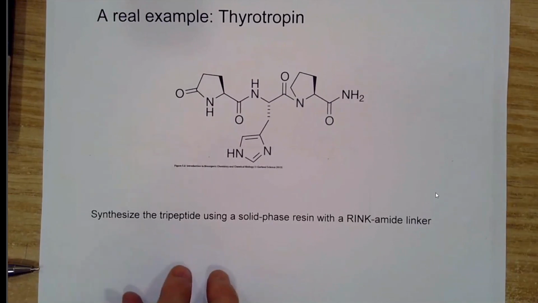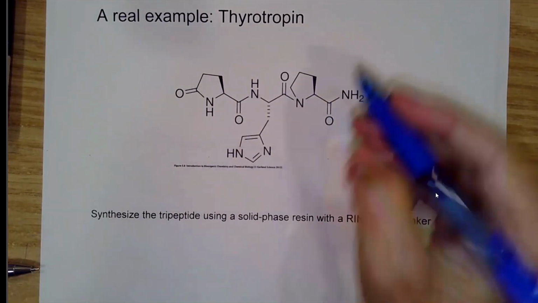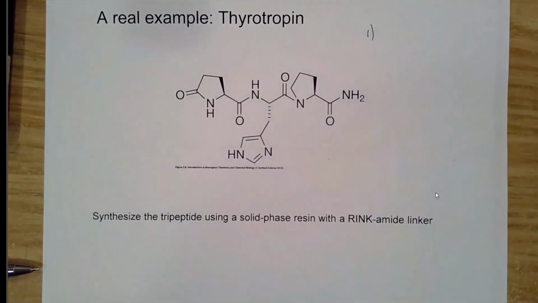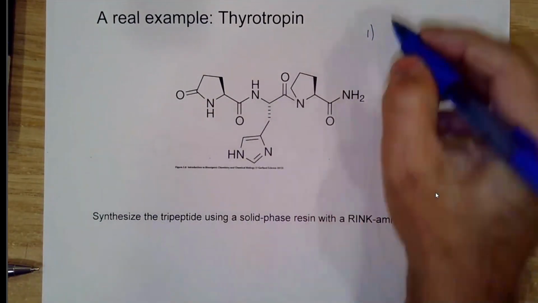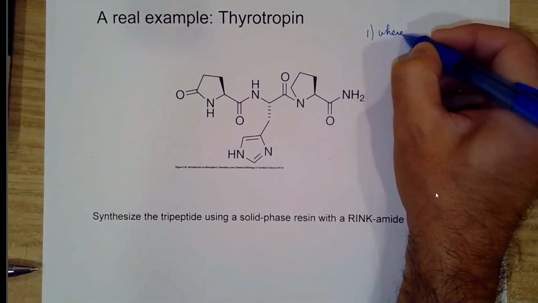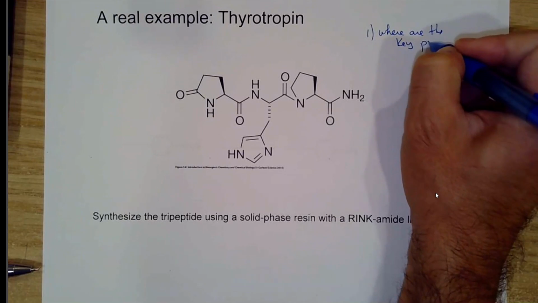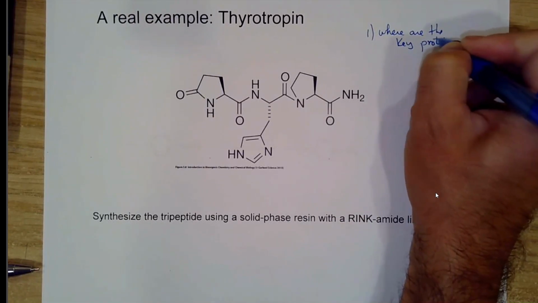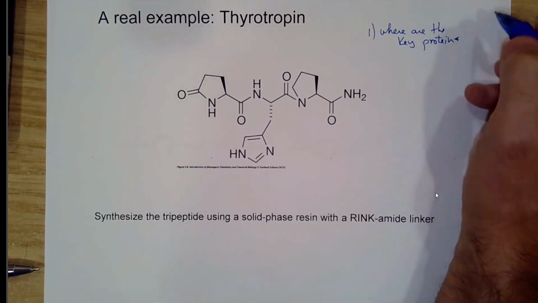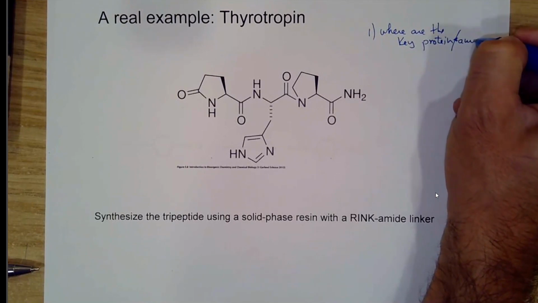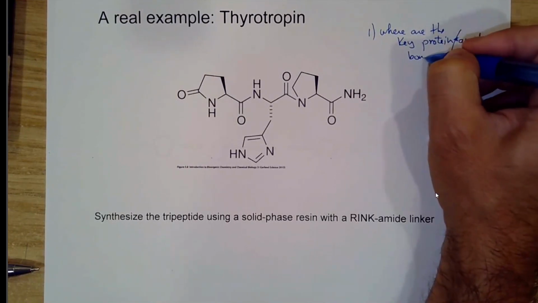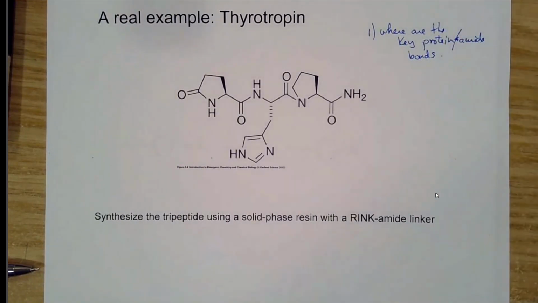So before we start this, let's take a look at this peptide, and let's ask the first question. Number 1, the first question you should ask is, what are the key bonds that I need to make? What are the key peptide amide bonds that we need to make?